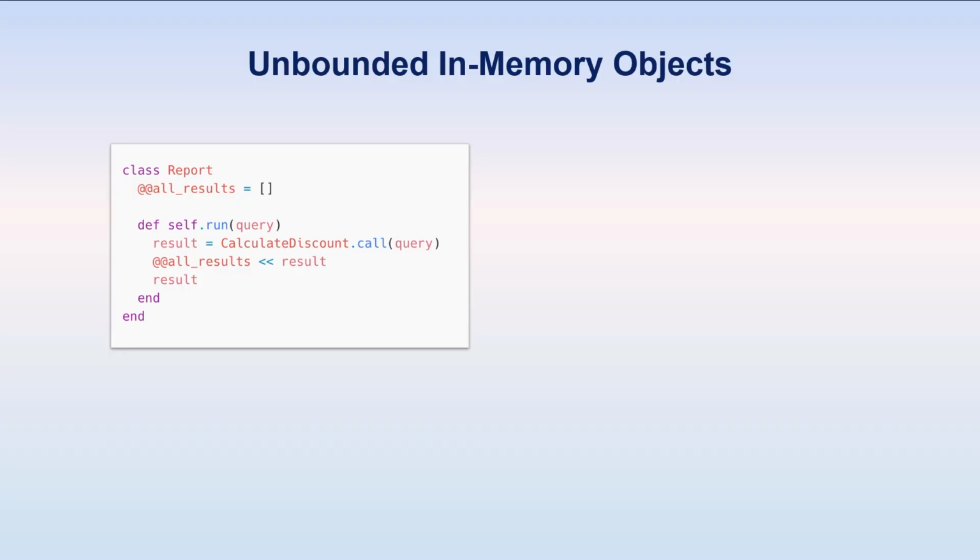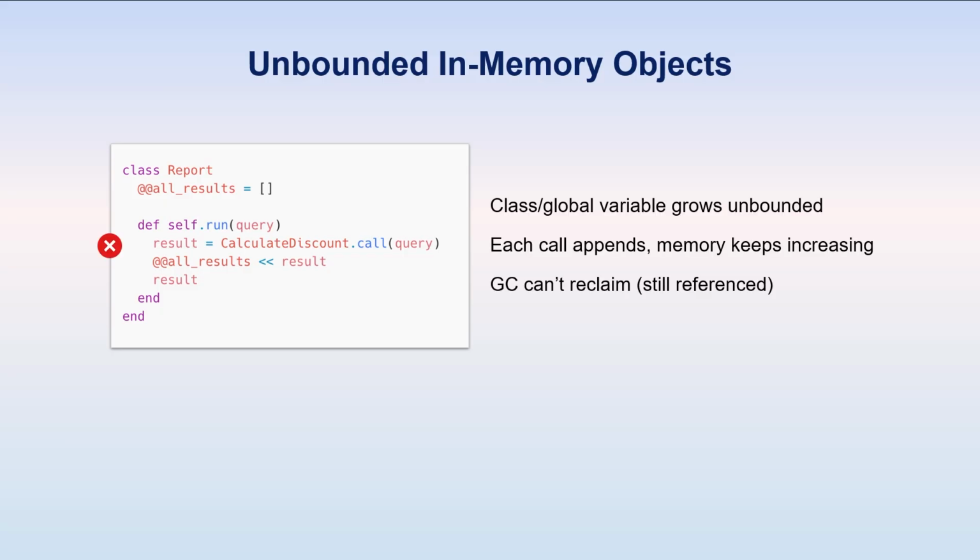Unbounded in-memory objects. Here, we're trying to calculate the discount and store it in a class variable. But class or global variables grow unbounded, because with each call, it is just going to append the data.